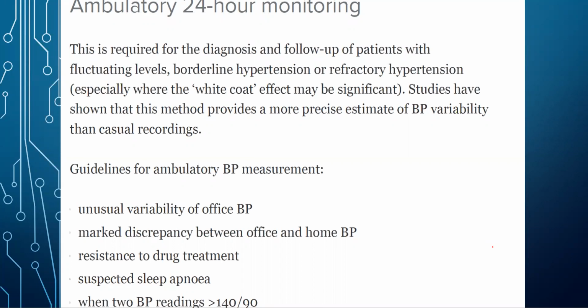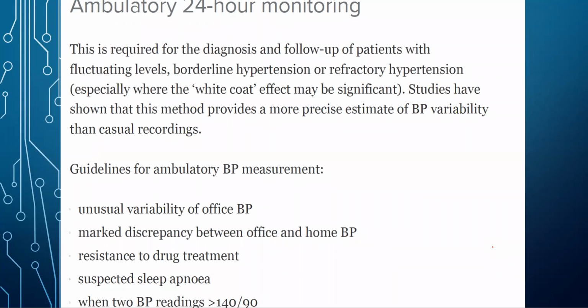So you can see there is a high variability between blood pressure readings, right? At that time you can do an ambulatory 24-hour blood pressure monitoring, which means the patient will do his usual job, and a blood pressure monitoring device will be attached to the patient, and it will record the blood pressure every hour.